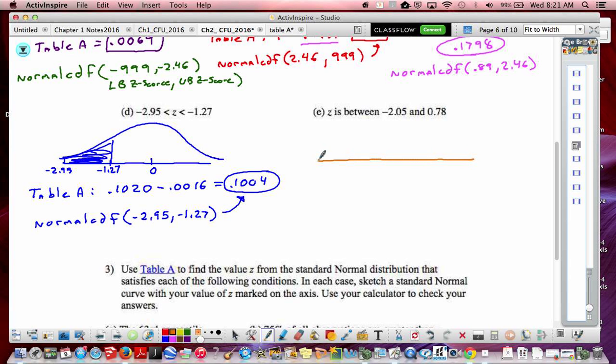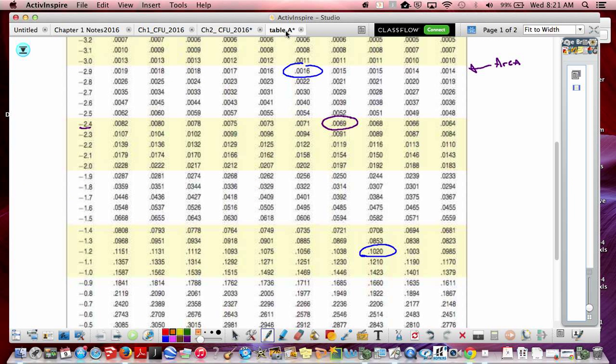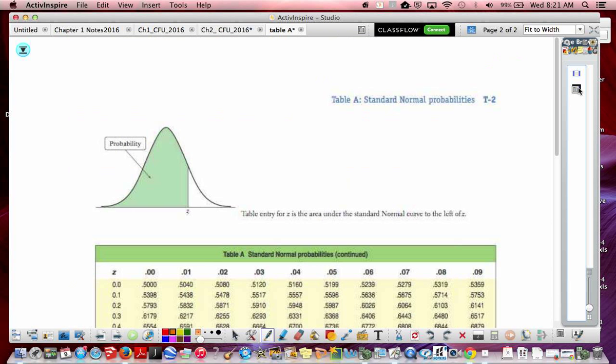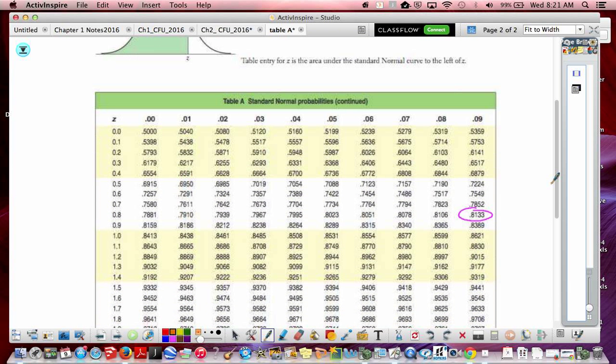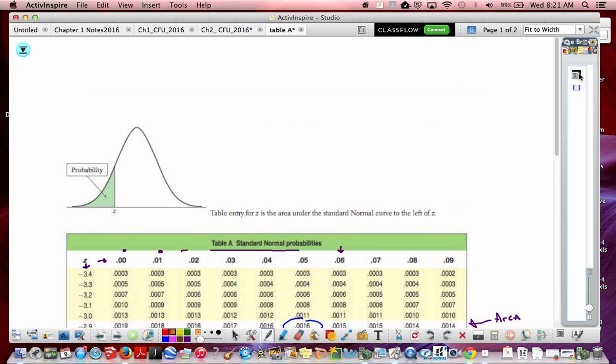So Z is between negative 2.05 to 0.78. So it's this area right in between. Again, if I'm using table A, what I want to do is look at where 0.78 is first. So I go to my table A, I want to go to the positives, 0.78, 0.78, 0.7823, and then I want to go to negative 2.05.